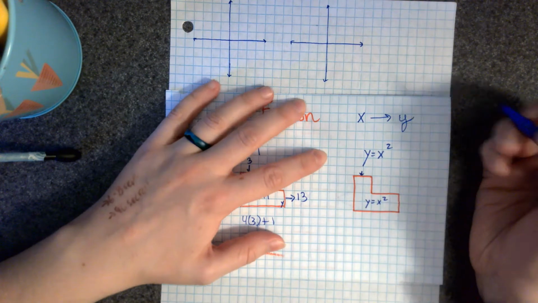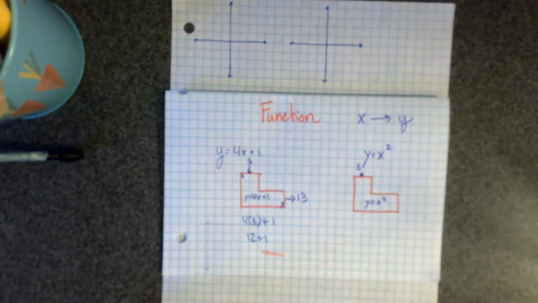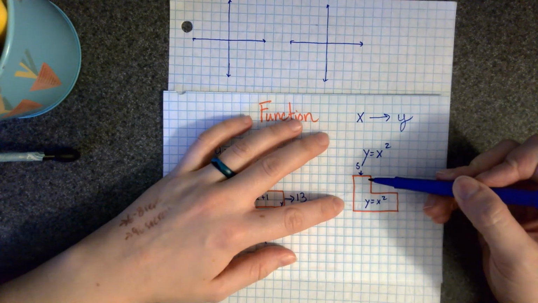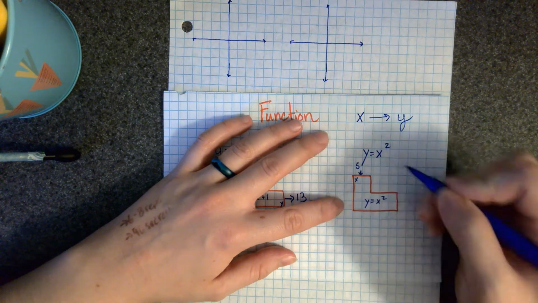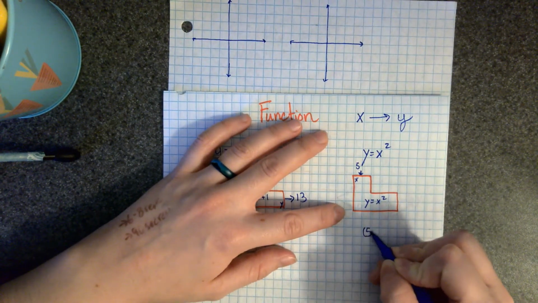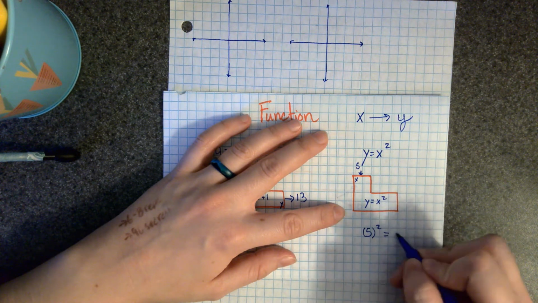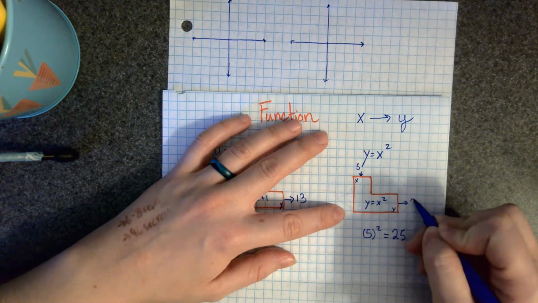Let's do 5. So we're going to stick 5, oops, sorry, really blurry. There we go. We're going to stick 5 in, and we're going to see what comes out. So if we stick 5 in for x, then we replace x with 5. So 5 times 5, or 5 squared, is 25. So what pops out the y side is 25.